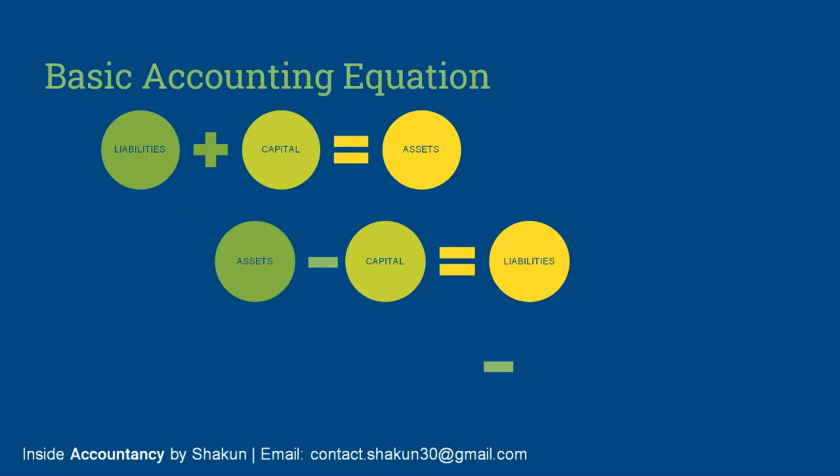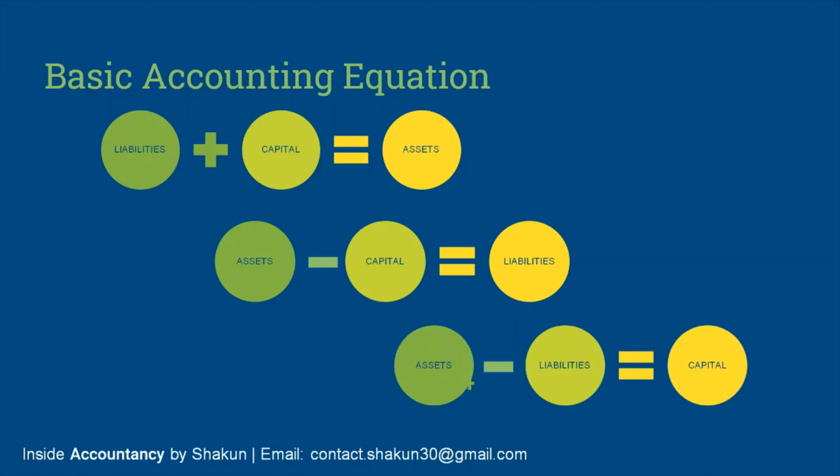Another formula that we can derive is that capital is equal to assets minus liabilities. So when you deduct the liabilities from the total assets that you have, the resultant figure will be the capital. So the basic accounting equation can be twisted and turned to get three formulas, one for assets, the other for liabilities, and the last one for capital.